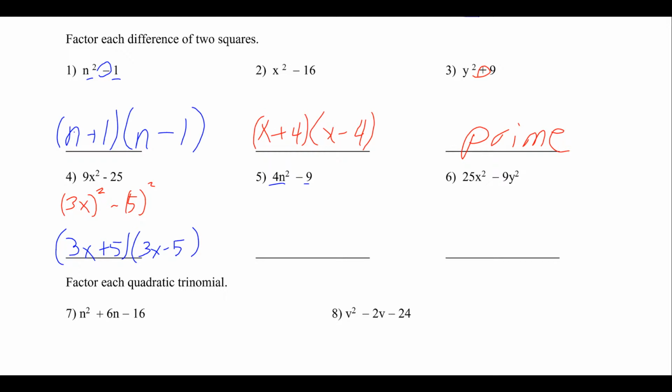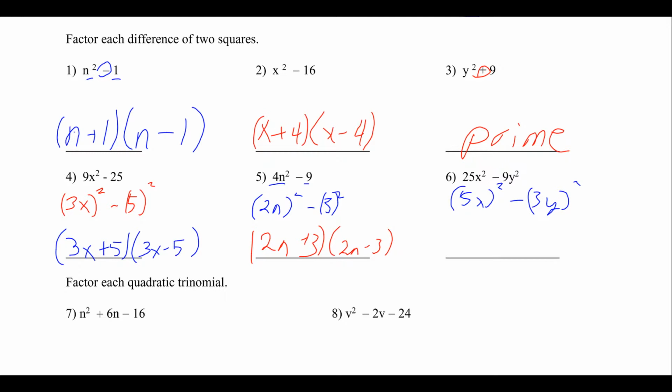Now number 5, we got 2n squared minus 3 squared, which is going to be 2n plus 3, 2n minus 3. Last piece here is going to be 5x squared minus 3y squared.